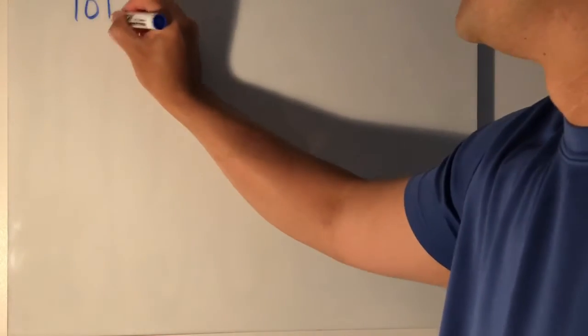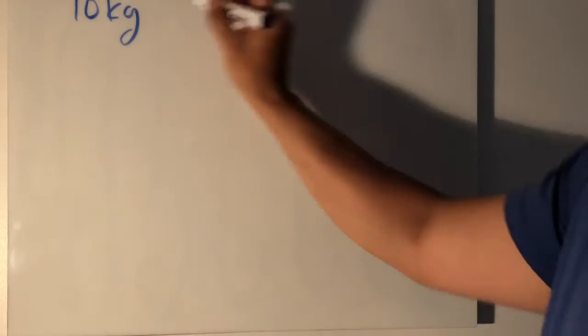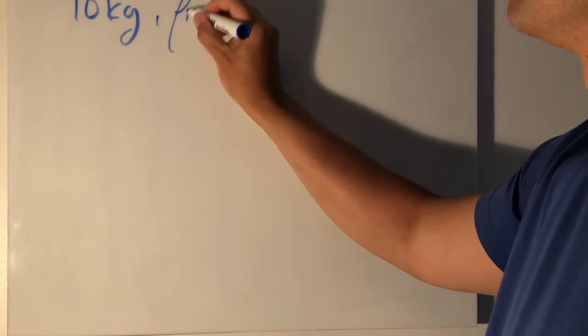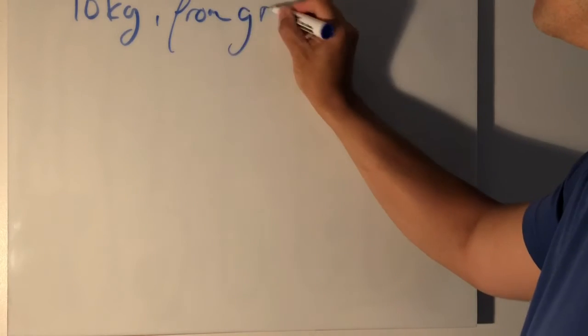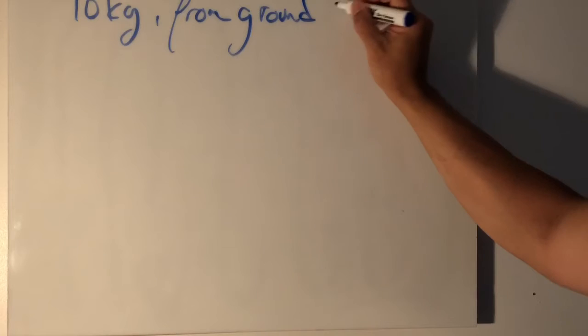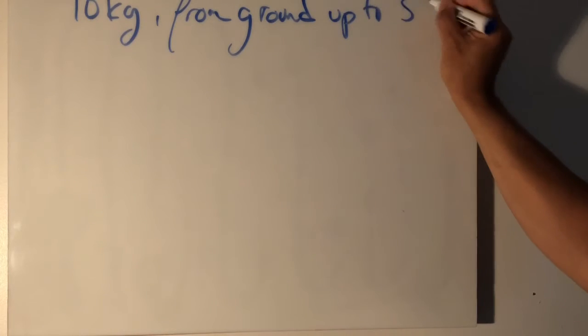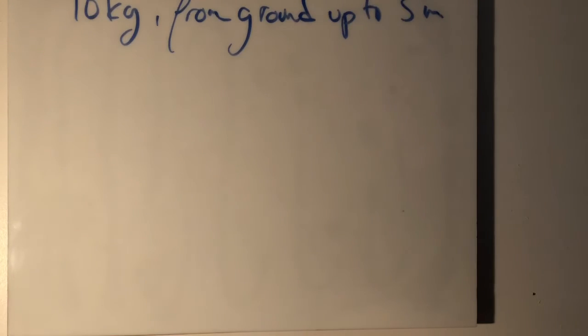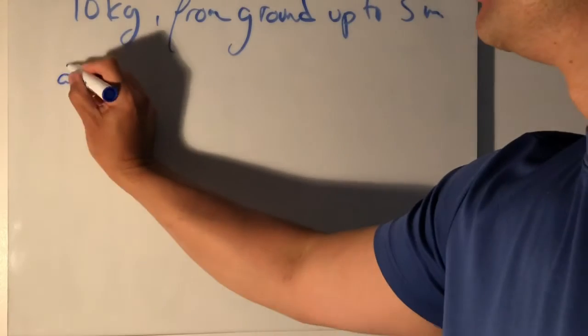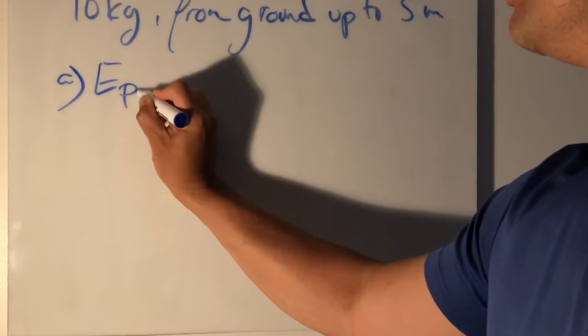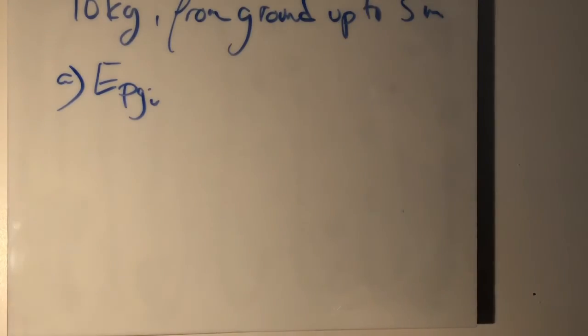So if we have a 10 kilogram weight on the ground and we lift it up to 5 meters high, what is the initial potential energy?